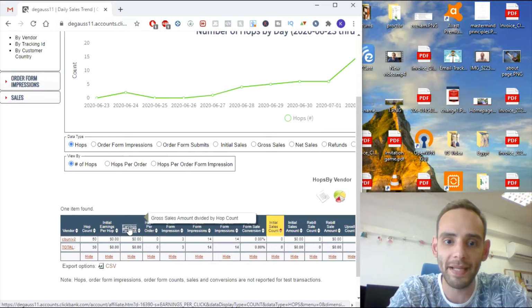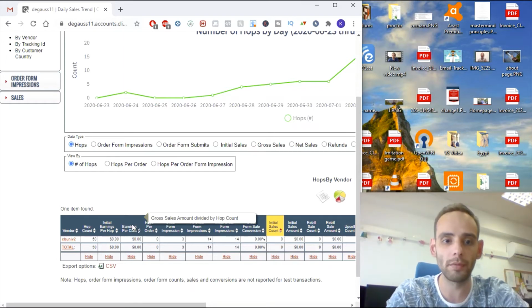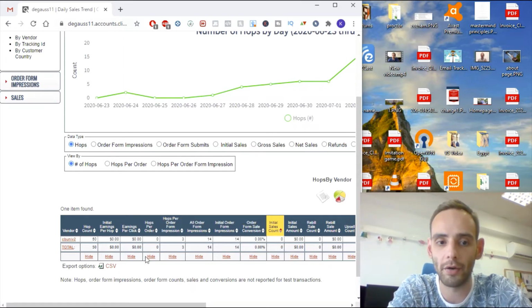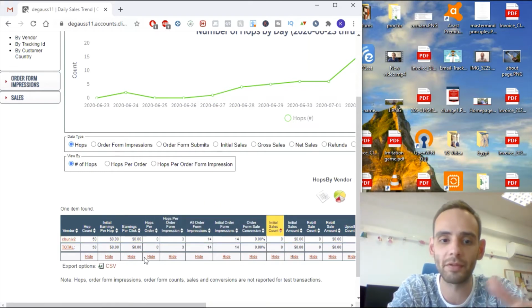So it's basically the same, just reversed. Here you will have the number in dollars, and here you will have the number in counts. It's basically the same things in different ways.